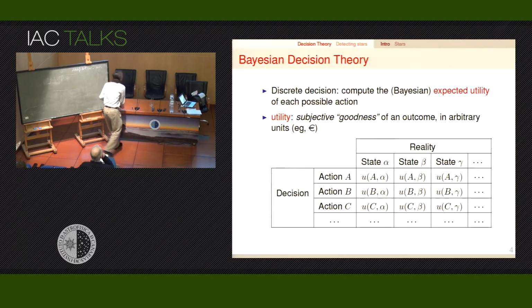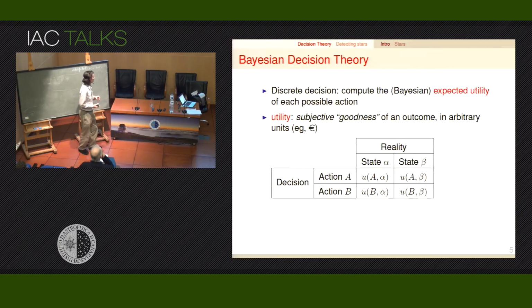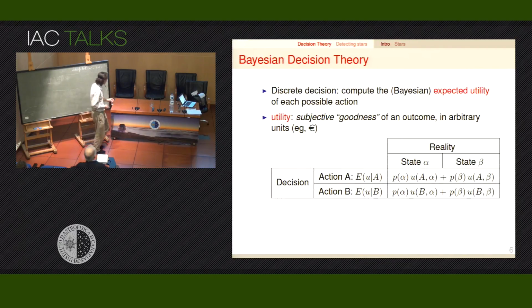Okay, so I'm going to look at just much simpler examples where we just have two states and two possible actions. But keep in mind that often there are many different actions and many different states. Now, we want to look at the expected utility of each of the two actions, right?